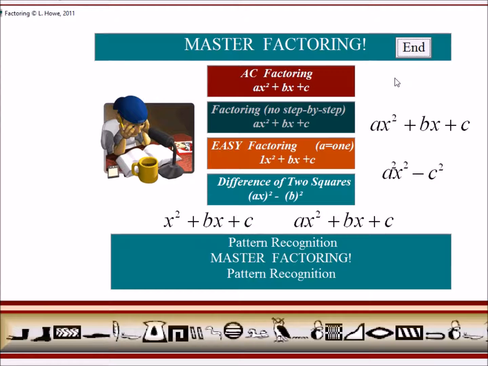One is the AC factoring method, and I did take you through that, but I wanted to put in Mr. Cosgrove's as well. There are various types of factoring, and teachers can decide to do them one at a time and add to your repertoire, get good at each of the types of factoring. But the one we're going to look at is easy factoring, where the coefficient of the leading term is 1.